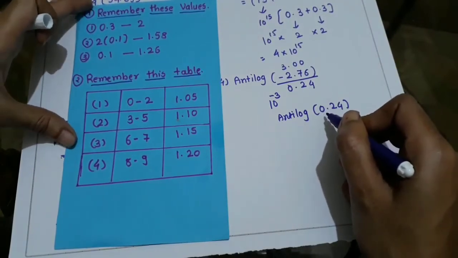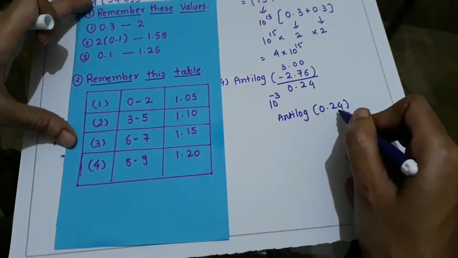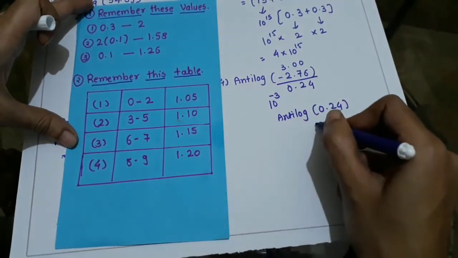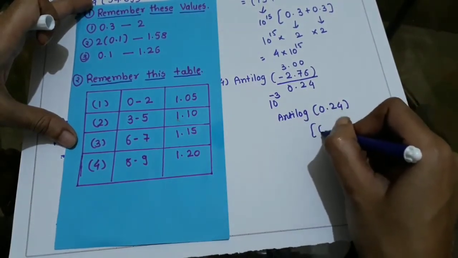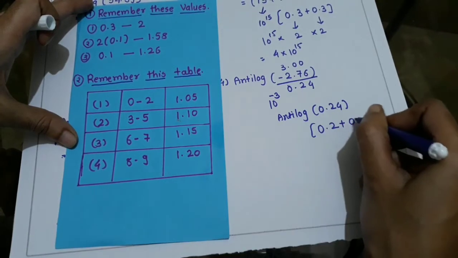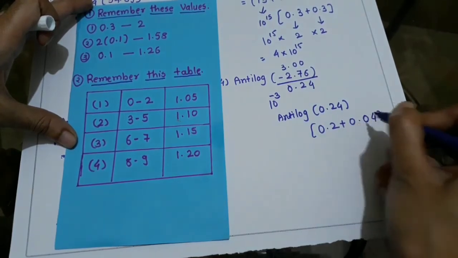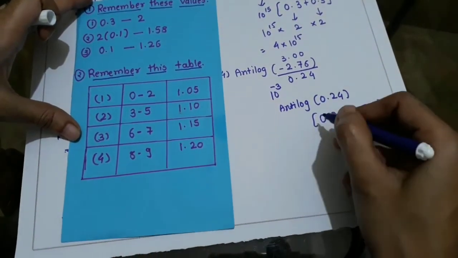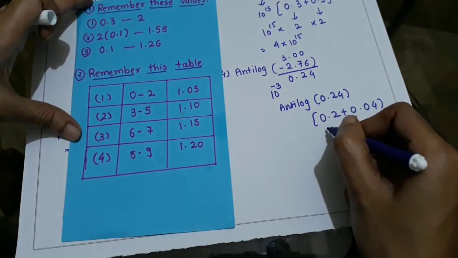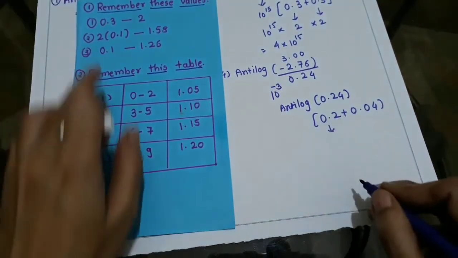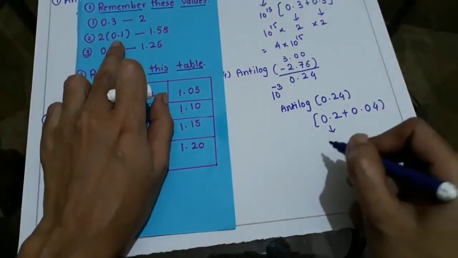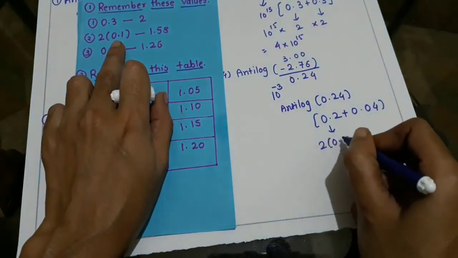What is our first step? We have to split up this number. So we split up 0.24 into 0.2 plus 0.04. Now instead of 0.2 we write 2 into 0.1.